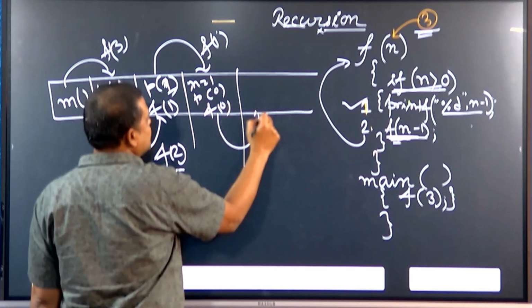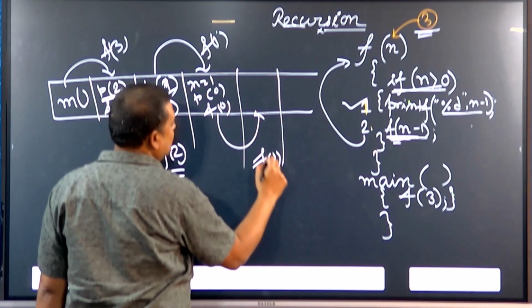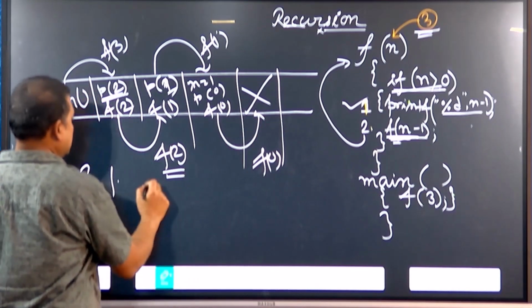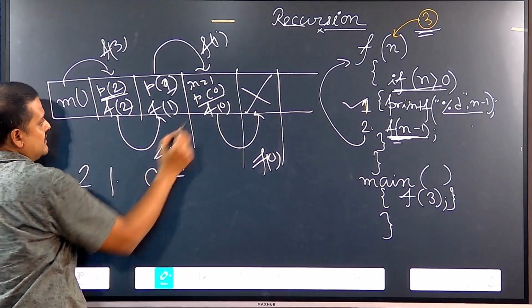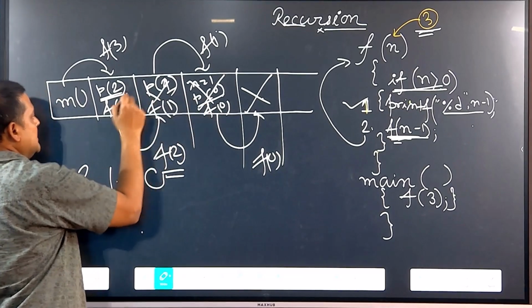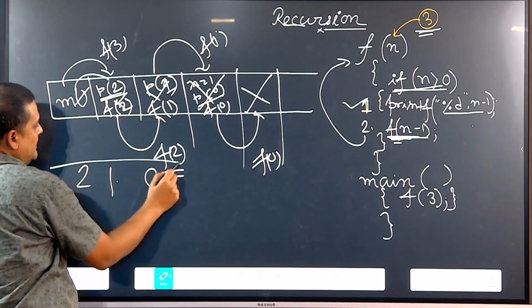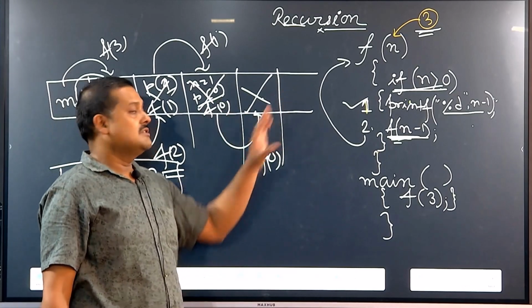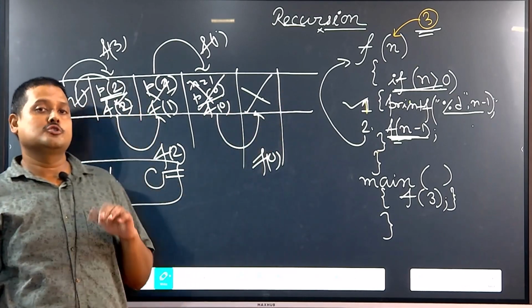When function call of 0 happens, it will do nothing because the condition is not satisfied. So 0 is printed here. This is done, this is done, and we come back to main, and the output will be 2, 1, 0. This way we can solve the problem.